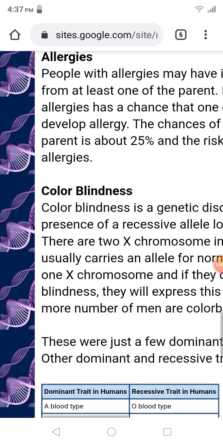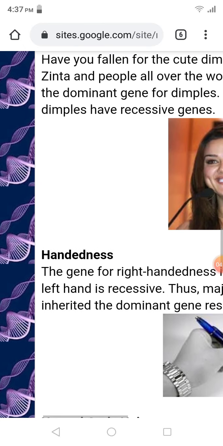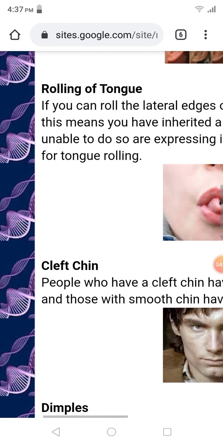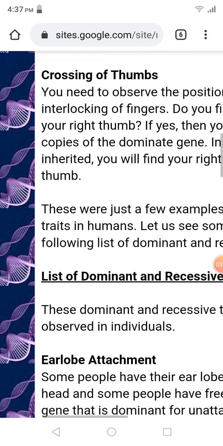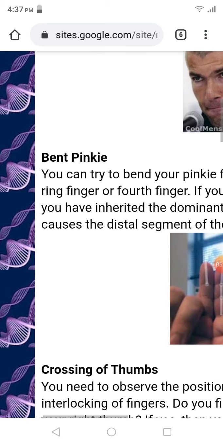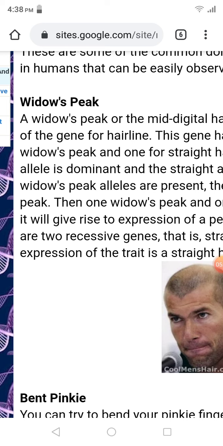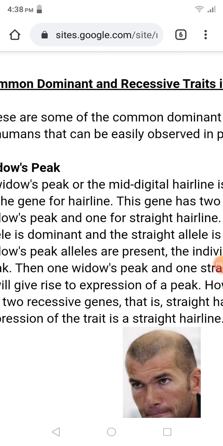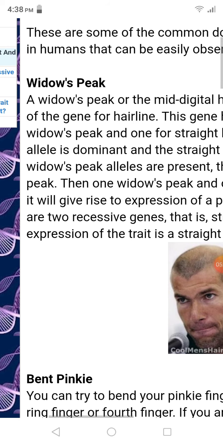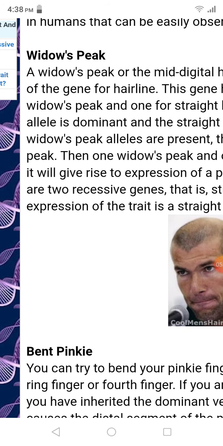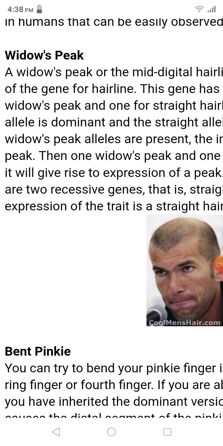So now we go back to the top. Now that we got those things out of the way, these are some highlighted things that they used to represent certain traits. So we're going to deal with the widow's peak. The widow's peak is a dominant allele. The allele is dealing with the traits that you are receiving from both parents.